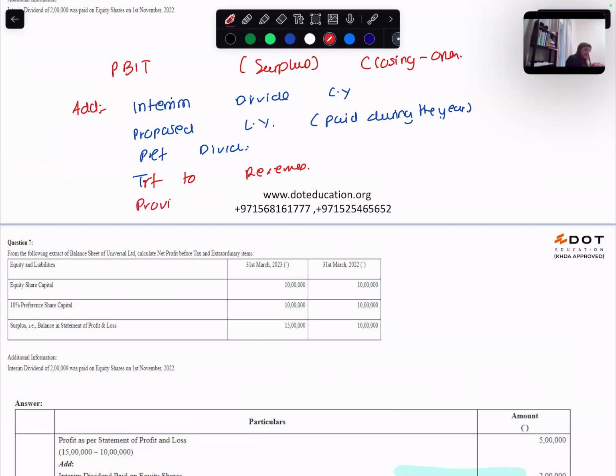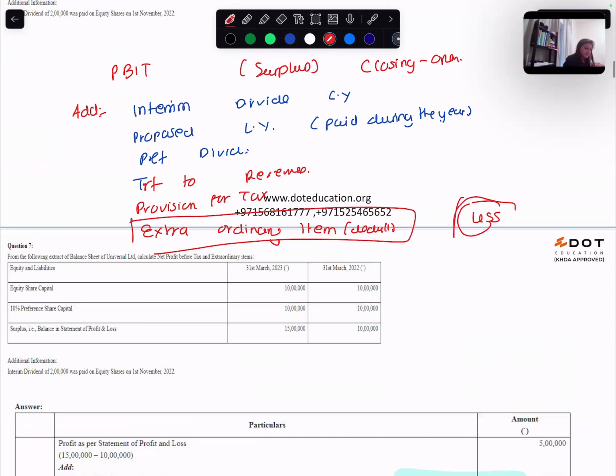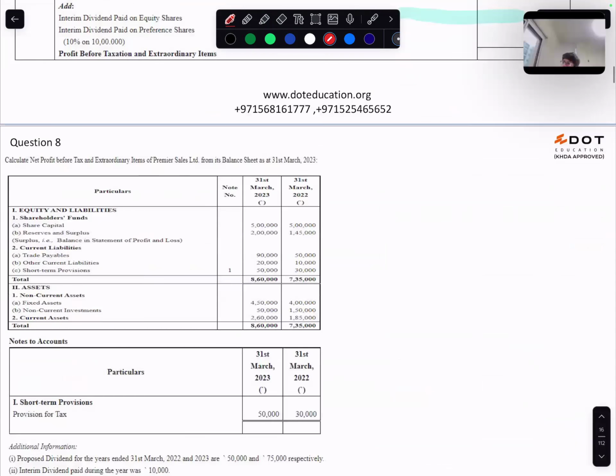Provision for tax that is there is added, and extraordinary items if deducted are added back. Extraordinary items if added are subtracted. This will come in rare cases for you. But other things you should remember.